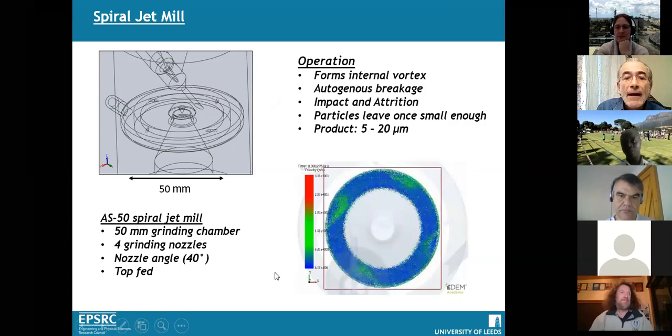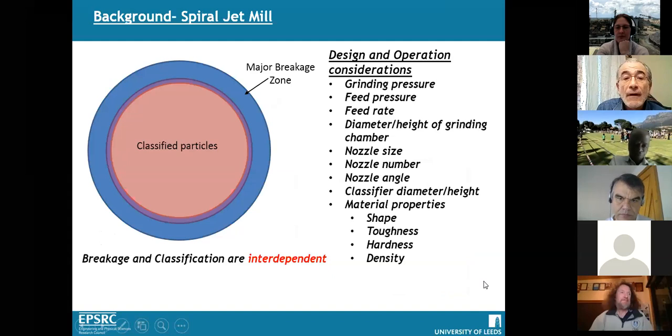In terms of the design features, as I said, the design is very simple, but it has many operating variables. You basically have 2 zones, a classification zone and a breakage zone near the wall.